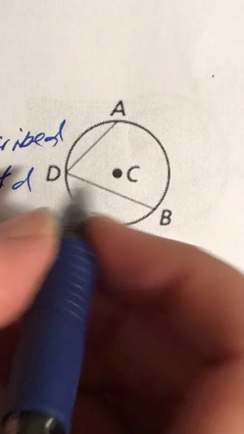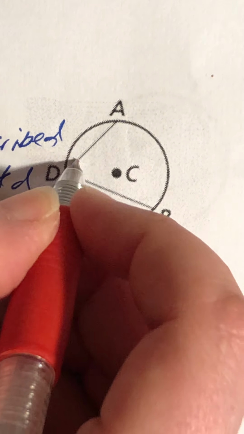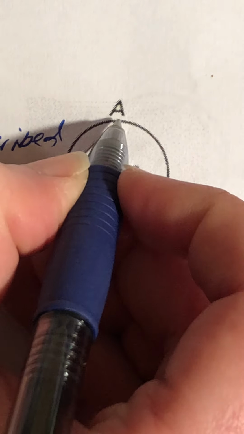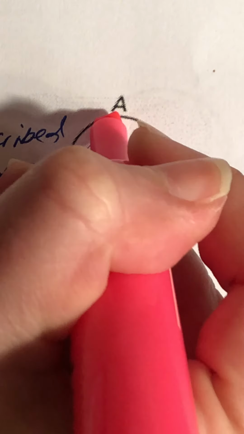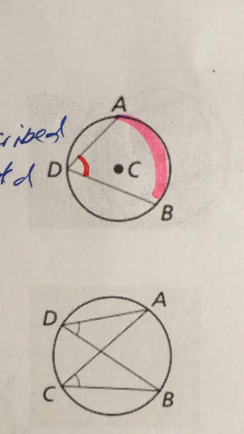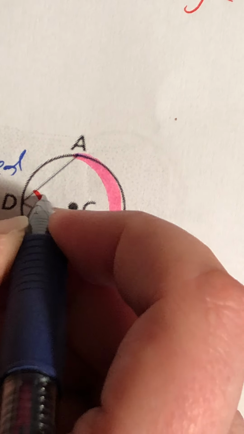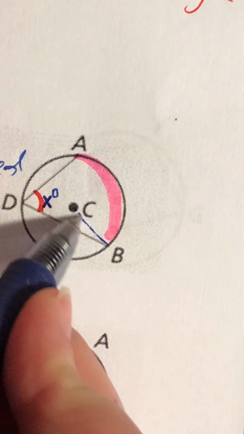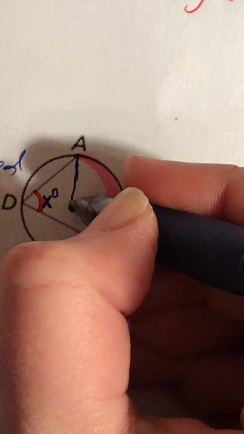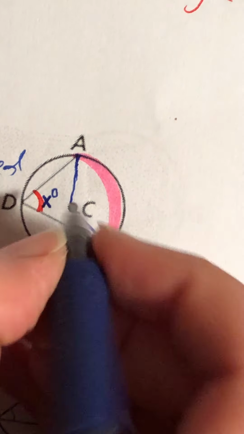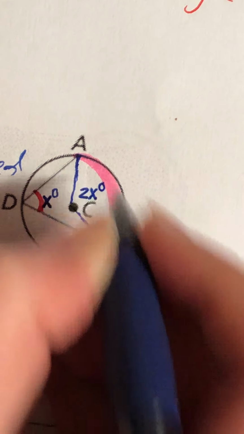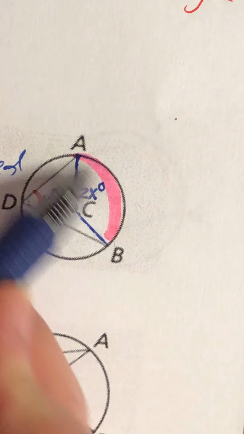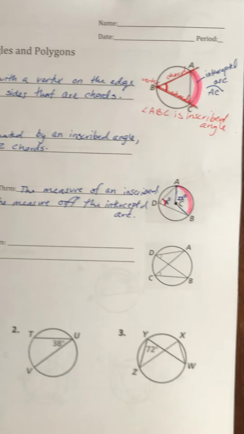Well, here, this is my inscribed angle, and this is my intercepted arc. Say if that was x degrees, the actual angle is created by, it would be measured from the central angle. So that's actually 2x degrees. So whatever this angle is here, this would be twice as much.